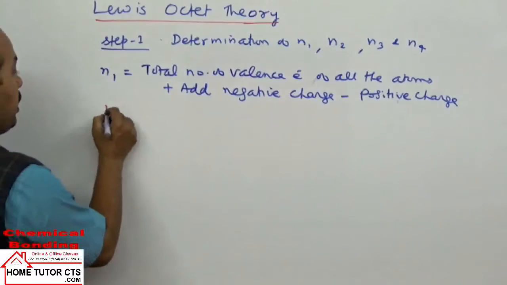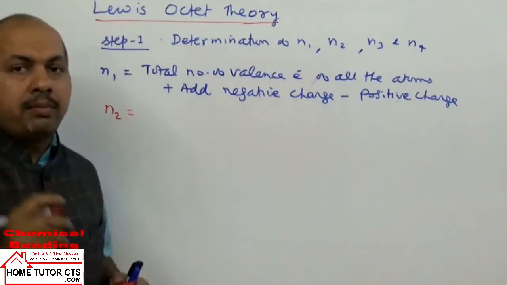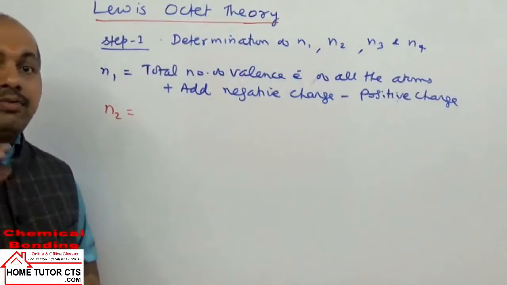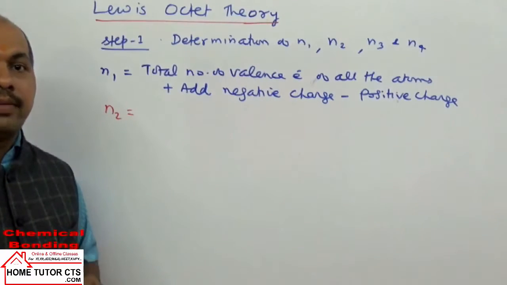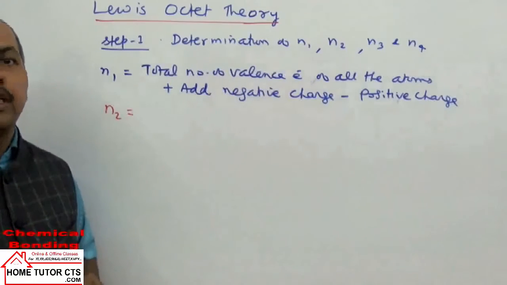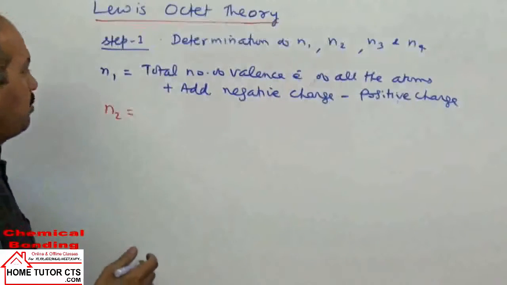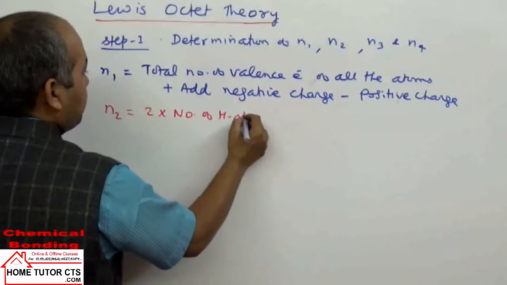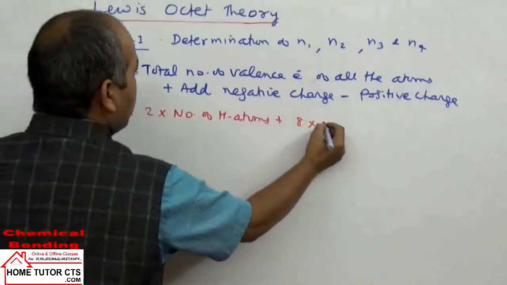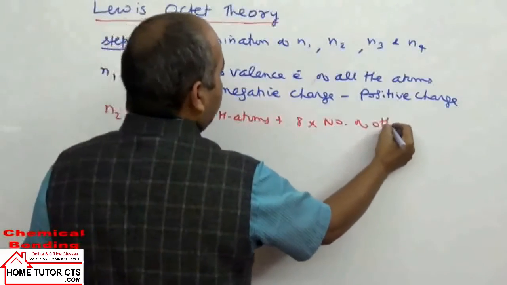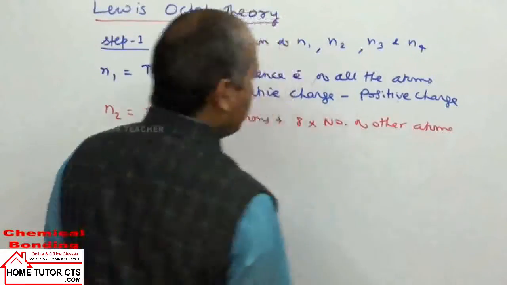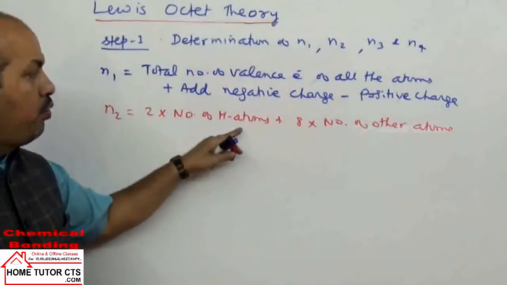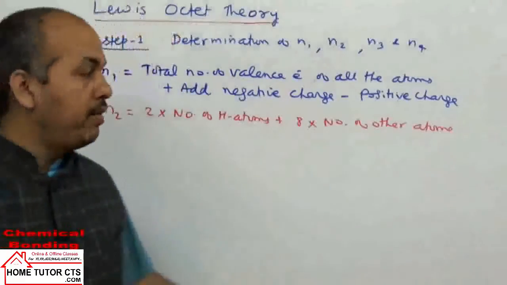Then we find the value of N2. What is N2? N2 is one number which can be taken as if suppose the elements do not require any kind of bond formation, then how many electrons should they have? N2 is 2 times the number of hydrogen atoms plus 8 times the number of other atoms. Hydrogen can have noble gas configuration by having 2 electrons, while other elements need 8 electrons.